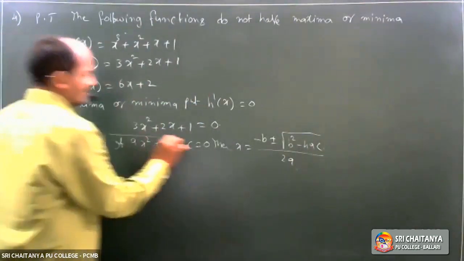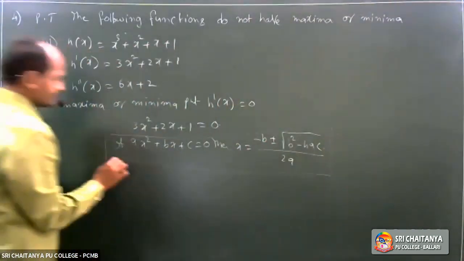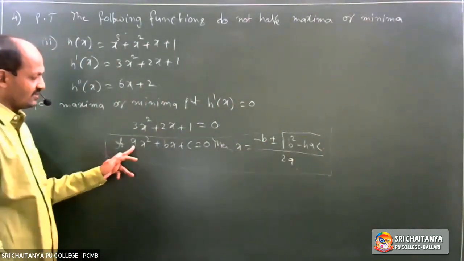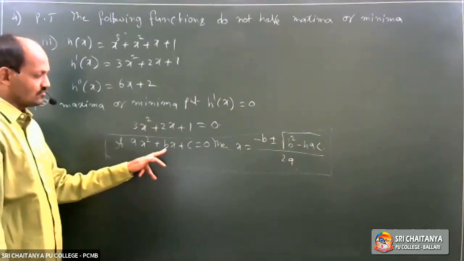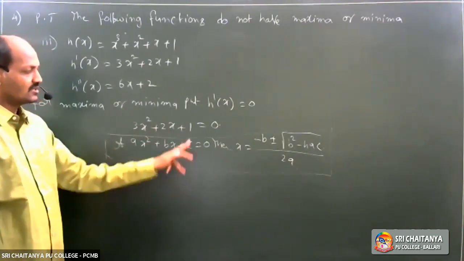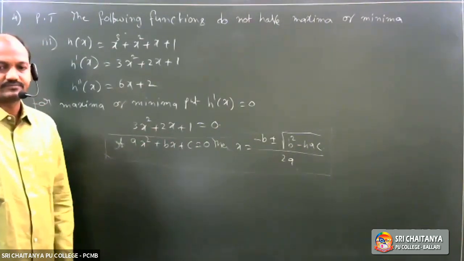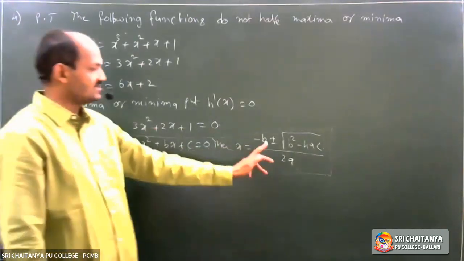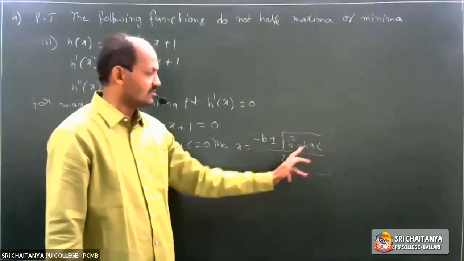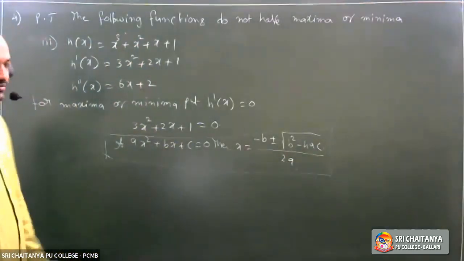Okay? So here, what about the x value? The x square coefficient a is 3, the x coefficient b is 2, and the constant c is 1. So x equal to minus b plus or minus root of b square minus 4ac divided by 2a.